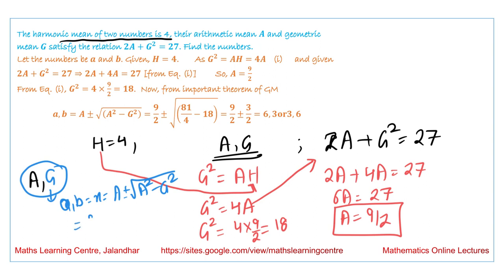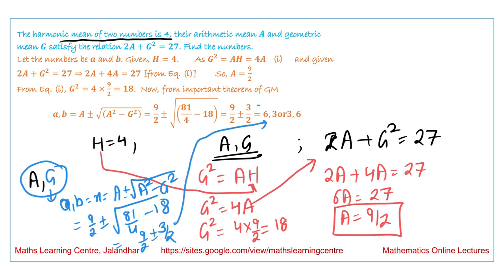So the answer we obtain is 9 by 2 plus minus square root of 81 by 4 minus 18. So the answer we obtain is 9 by 2 plus minus 3 by 2. So we are saying that the two numbers are either 6 and 3 or 3 and 6.